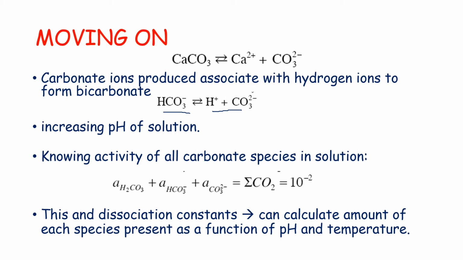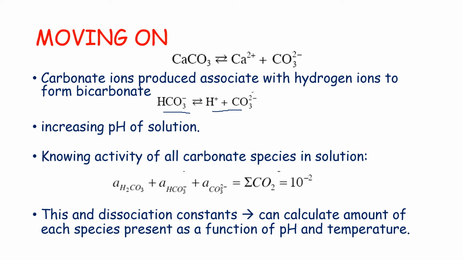Now suppose we have a known activity for all carbonate species in solution, as represented by this expression, where the activity of carbonic acid plus the activity of bicarbonate plus the activity of carbonate ion is equal to the total carbon dioxide, giving you 10 to the power of minus 2.